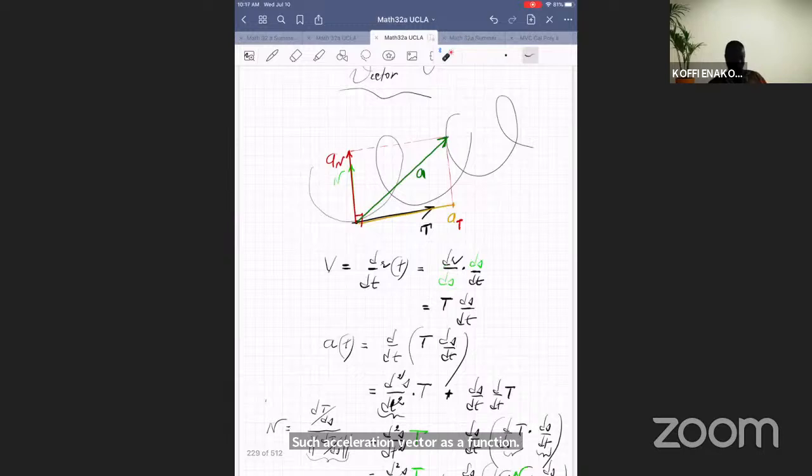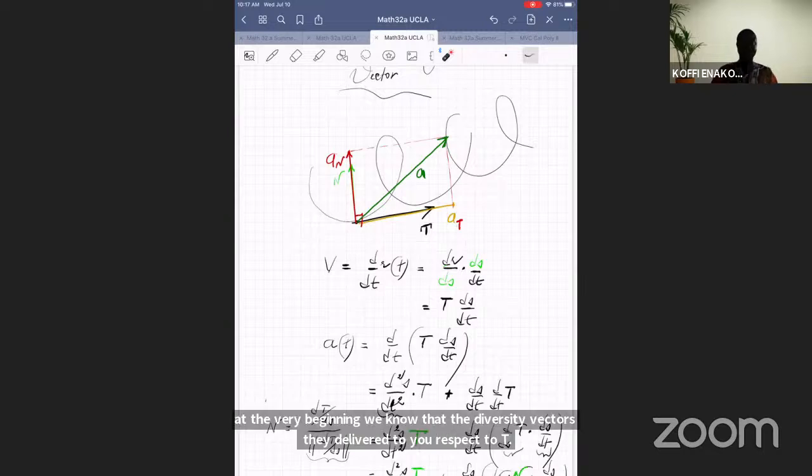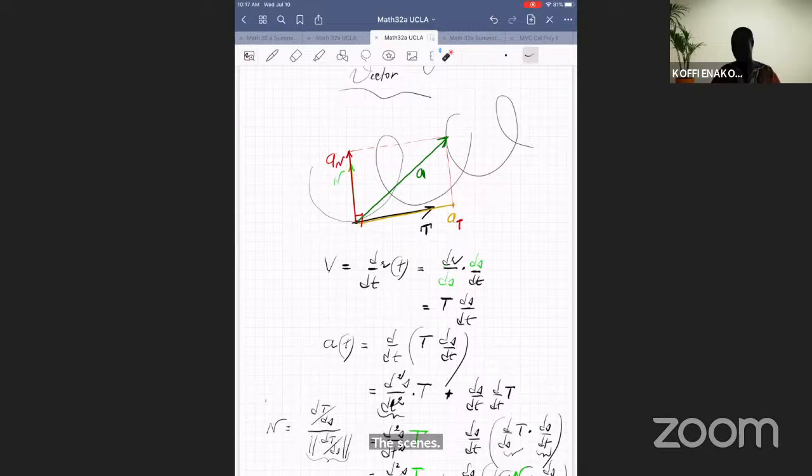Let's see how. So I'll depart from some algebra. It will be a mix of algebra and geometry. Okay. So at the very beginning, we know that the velocity vector is the derivative with respect to t. If you prefer s, that's fine. But since what you have over here is mainly a mechanical motion, then our derivative will be as a function of the time t, r of t.